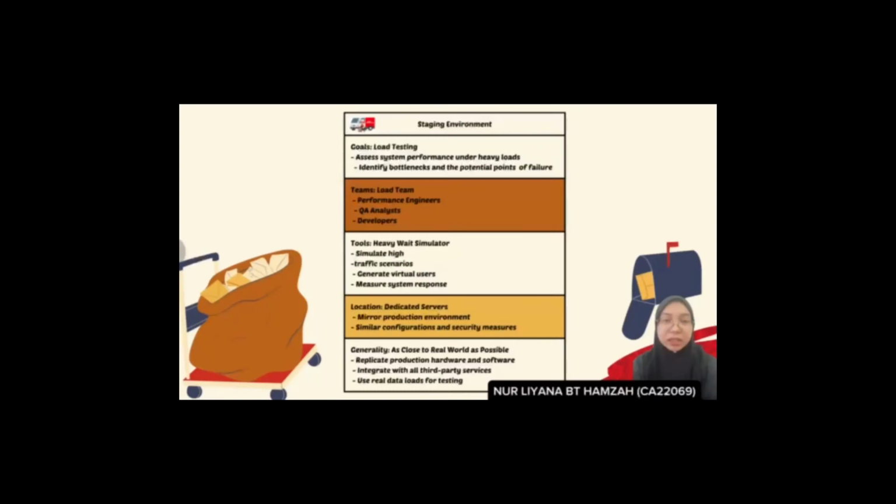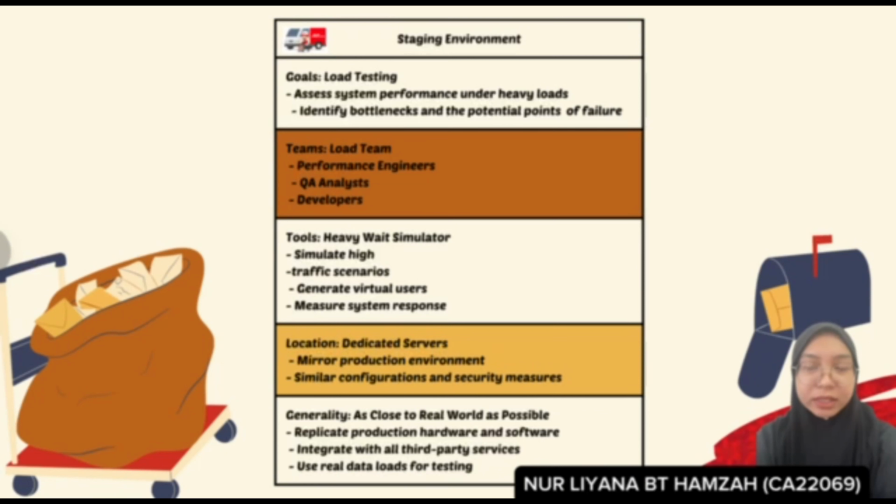Thank you. The differentiation factor is generality. For JNT Express, the staging environment will include all the integrated third-party services and data that are present in the production environment. This will help ensure that any issues encountered in staging are likely to occur in production, allowing for preemptive fixes.